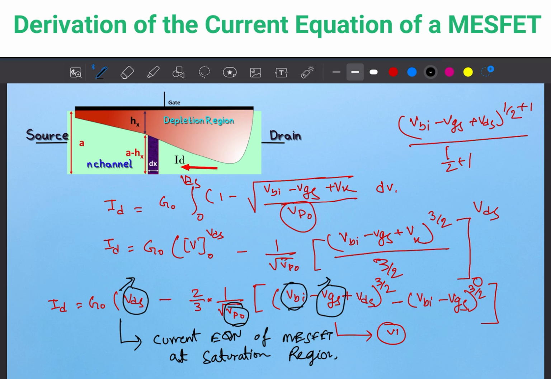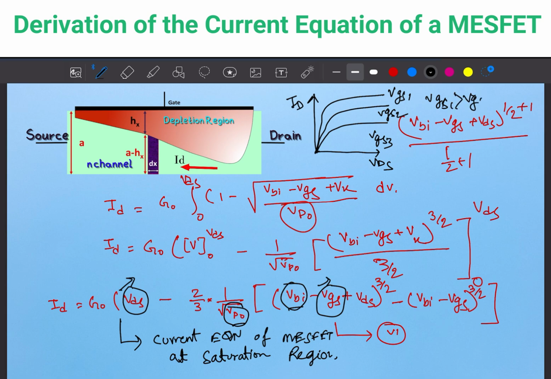In my last video I already explained what the current looks like if we change VGS and VDS. That is the IV characteristics. How does it look? This will be VDS, this will be ID, and then it will be like this. For different VGS, this will be VGS1, VGS2, VGS3. Obviously, VGS1 is greater than VGS2, greater than VGS3.